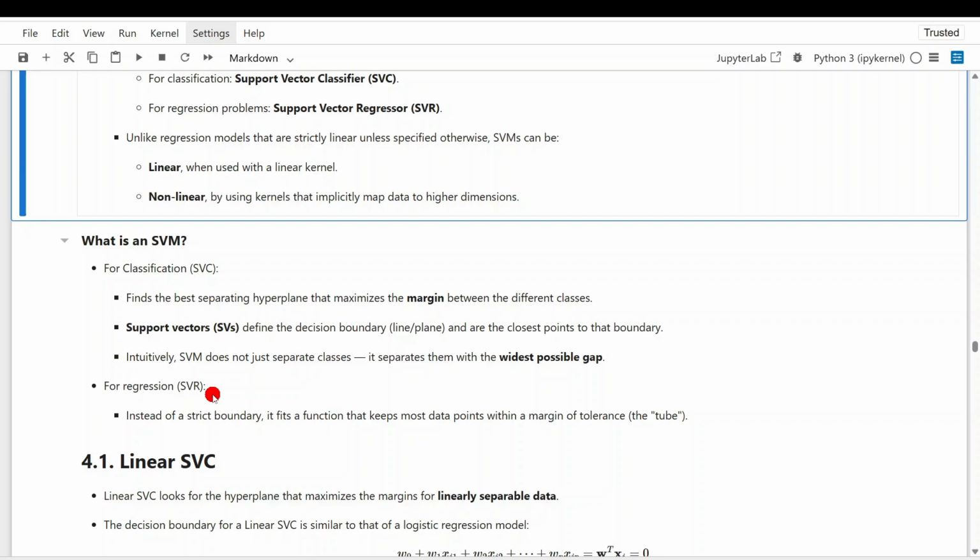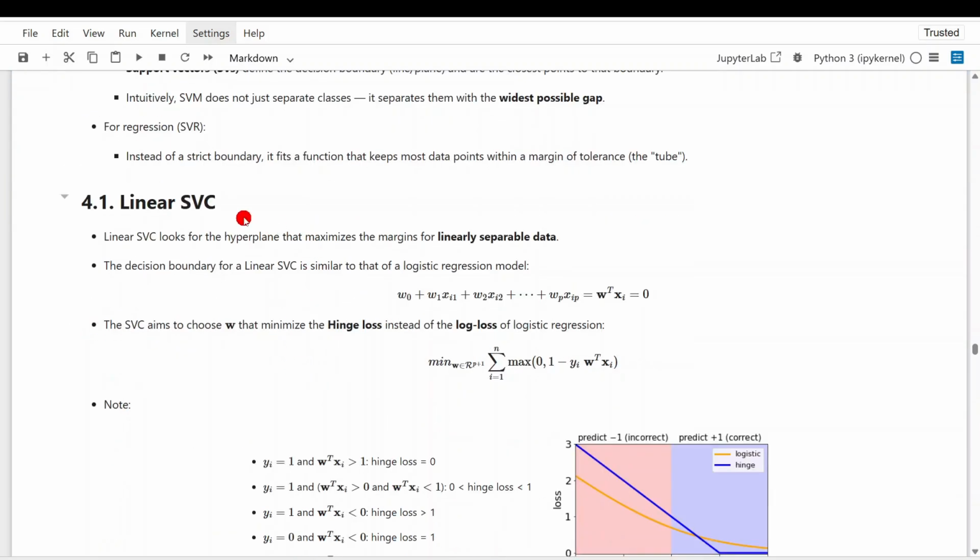So now let's consider a linear support vector classifier, specifically the one that is applicable for classification problems. In the linear support vector classifier, the aim is to find a hyperplane that maximizes the margins for linearly separable data. Linearly separable data is nothing but data points that can be separated by a straight line. The decision boundary for a linear support vector classifier is similar to that of a logistic regression model.